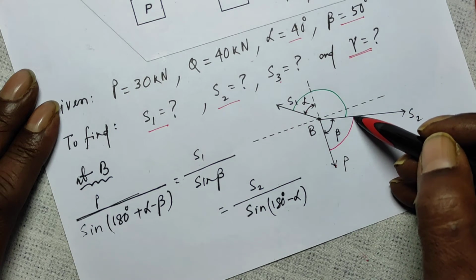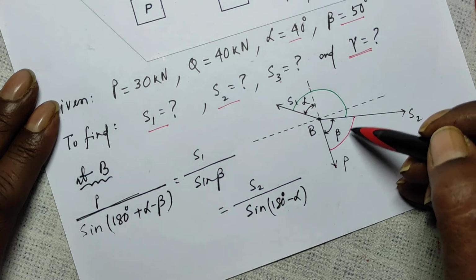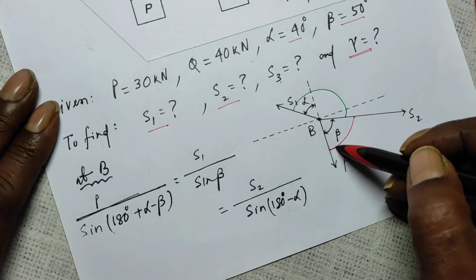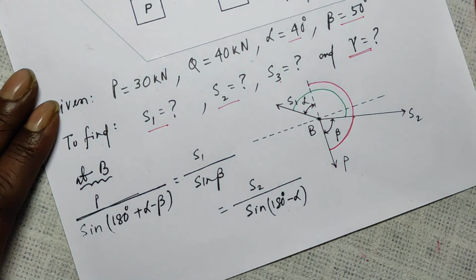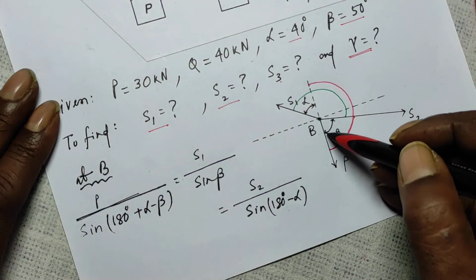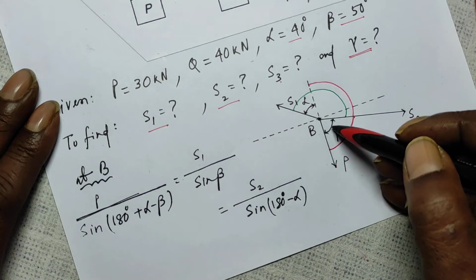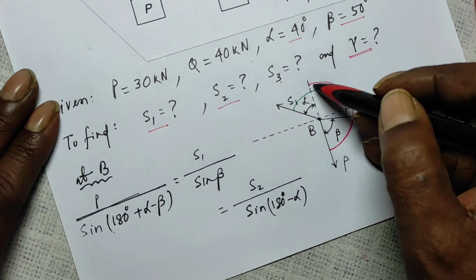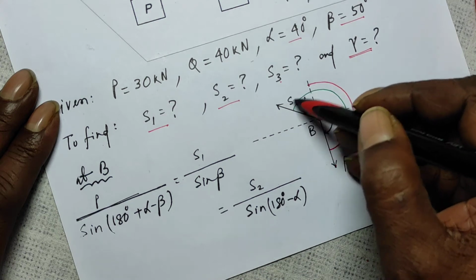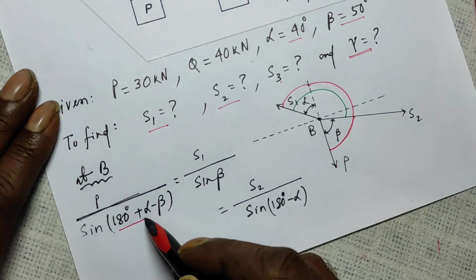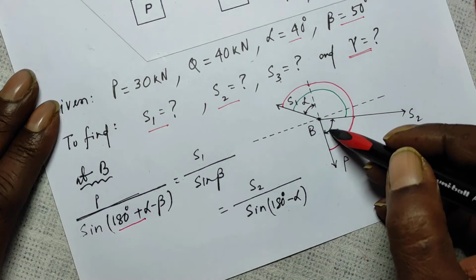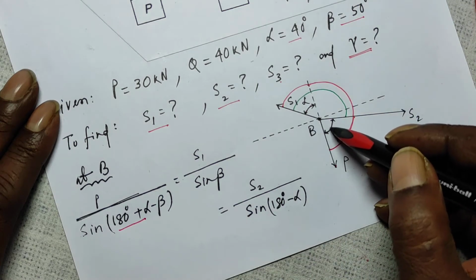I am adding alpha and beta, which I will subtract later on. From here to here is 180 degree. I have added an extra angle beta, which I will subtract. This is 180, this is alpha, so 180 plus alpha, and the extra angle added has to be subtracted.